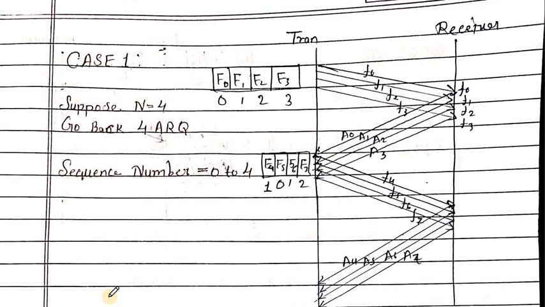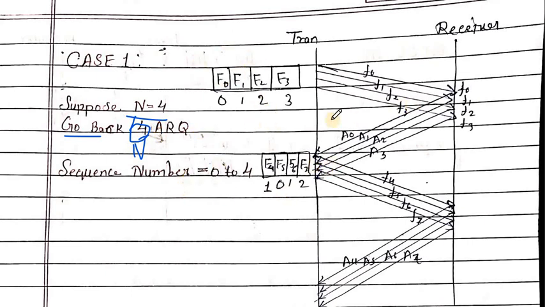Here is case 1. Let's suppose there is a frame size of N. So it is called Go-Back-N ARQ, where N is replaced with the number of frames.